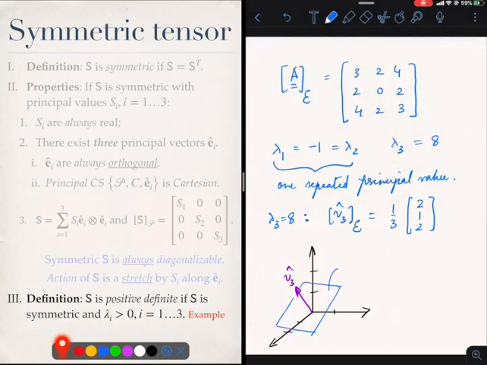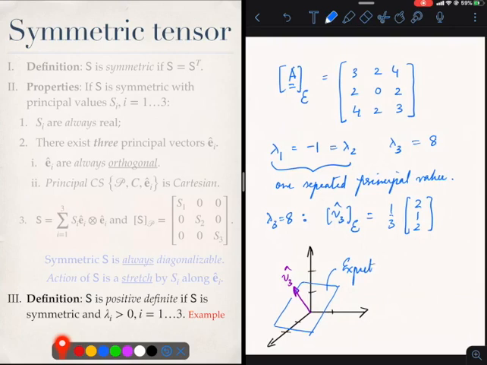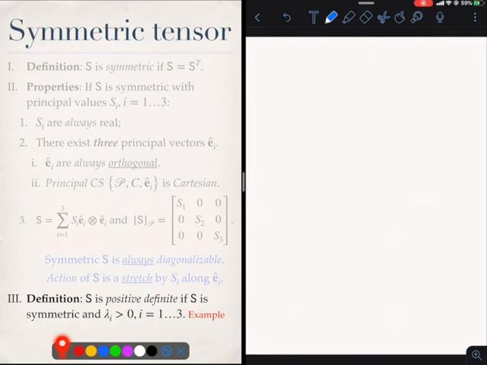So I expect V1 and V2 to lie in a plane normal to V3. Let's check whether that is indeed the case, and if it is, what these two vectors V1 and V2 are.